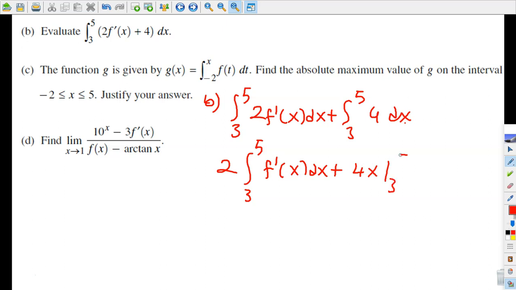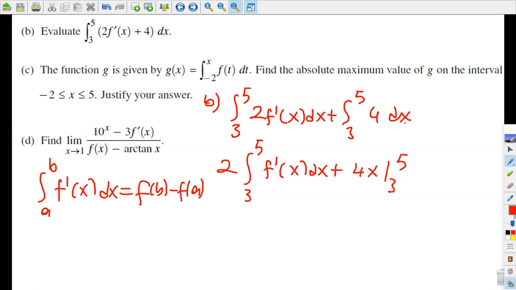For the first integral, we're going to be applying the first fundamental theorem of calculus. Let's remember that the integral from a to b of f prime of x dx is equal to f of b minus f of a.